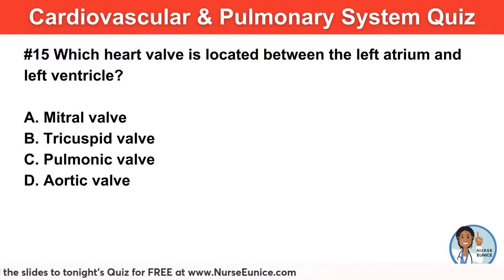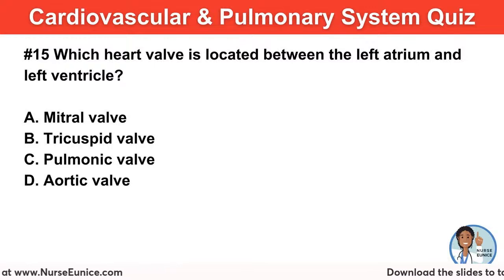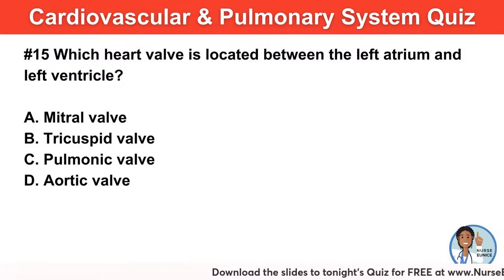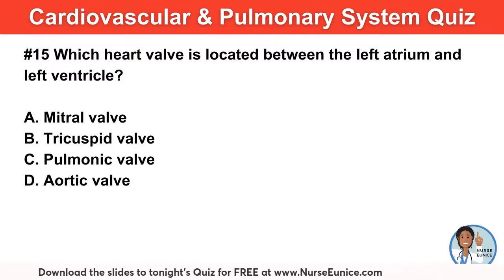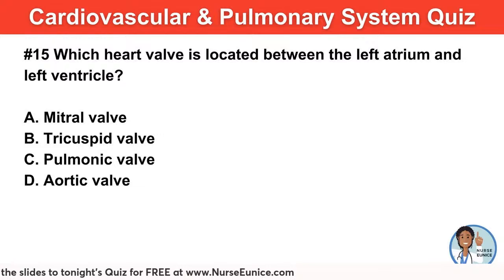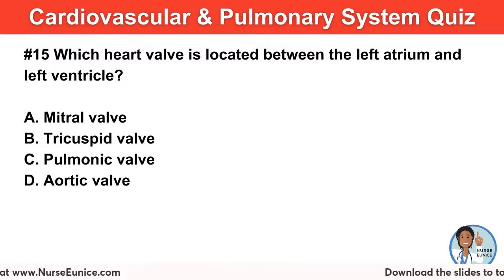Number 15, which heart valve is located between the left atrium and the left ventricle? Is it the mitral valve, the tricuspid valve, the pulmonic valve, or the aortic valve? Let's talk about those heart valves.